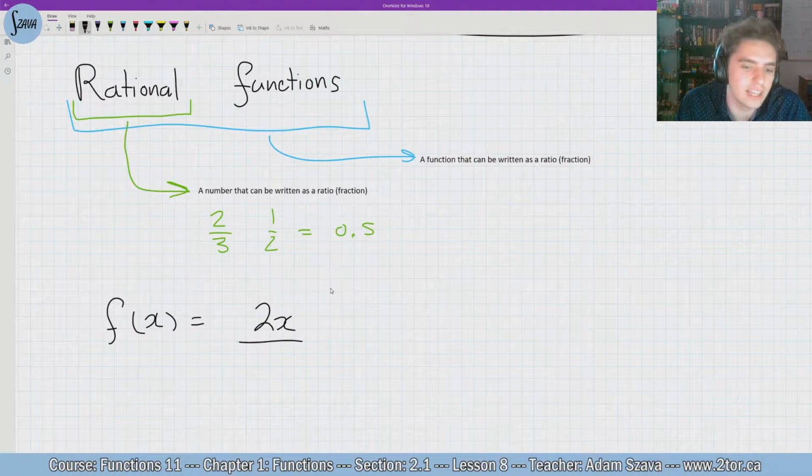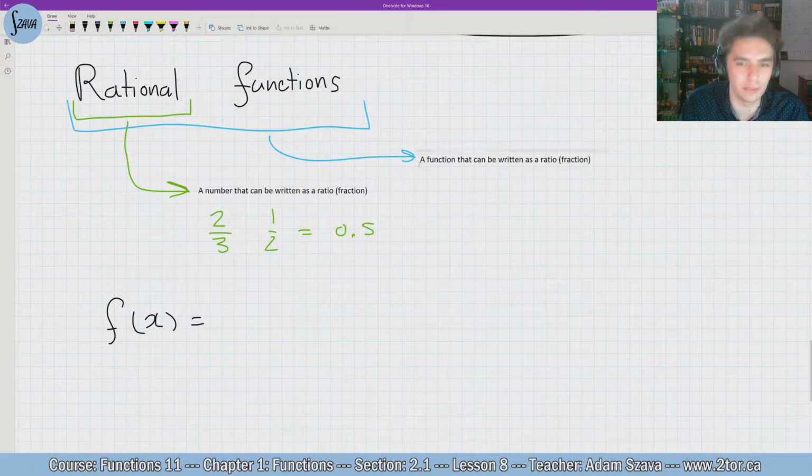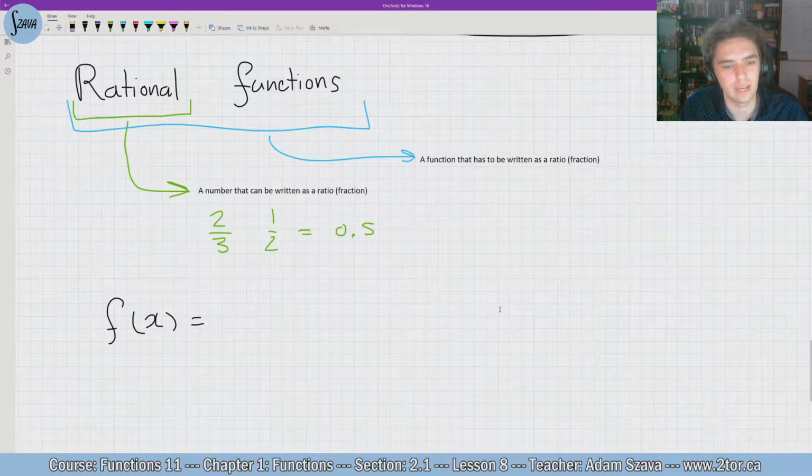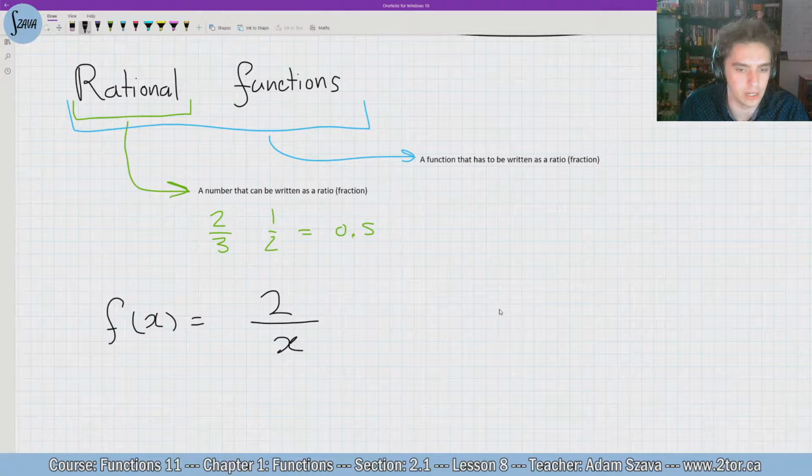Well, you could think of that as 2x over 1, right? So it's not too interesting to say that it's any function that can be written as a ratio. It's any function that has to be written as a ratio. Okay, so essentially the function 2 over x has to be written as a ratio. There's no other way to write that, right? 2 over x.